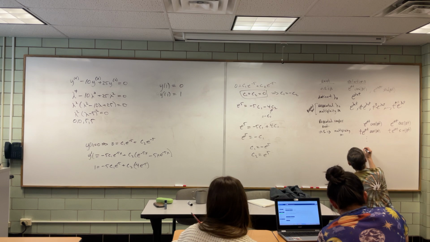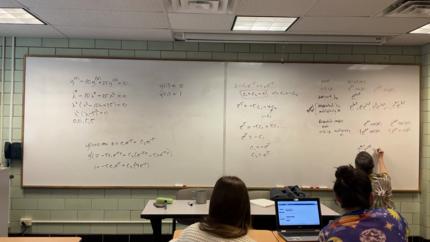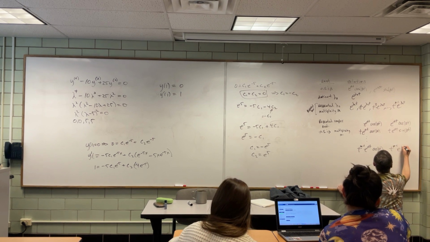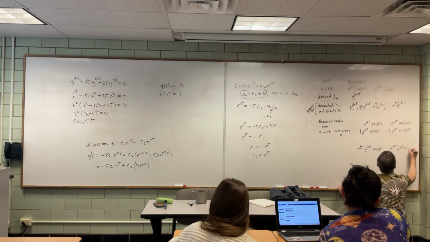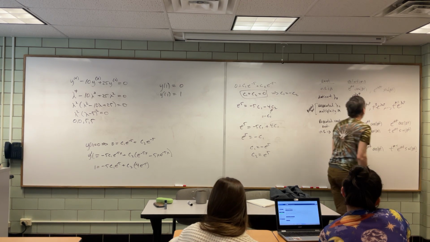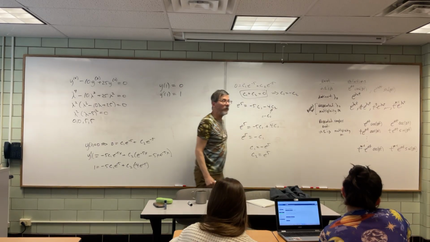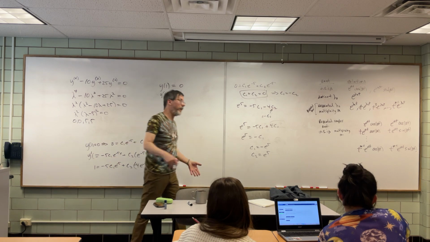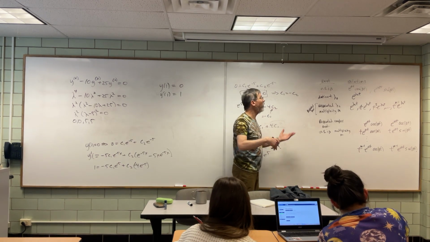Then you keep on going till you get to t to the m minus 1, e to the alpha t cos beta t, and t to the m minus 1, e to the alpha t sine beta t. That takes care of everything. You've got it all right there. There's no other kinds of roots to polynomials. They're complex, or they're real, and they're repeated, or they're not.